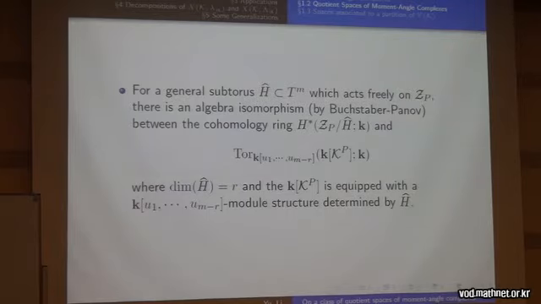Here, this is the face ring of K_P, but it is equipped with some twisted module structure determined by the subtorus. So this is a generalization of their theorem on the moment-angle manifolds. But this result is for quotient spaces of moment-angle manifolds, not the real moment-angle manifolds.